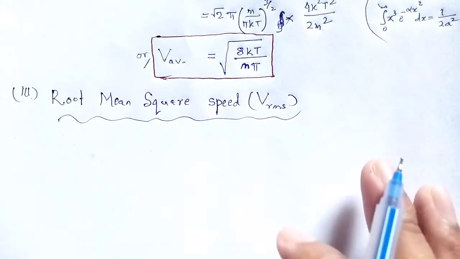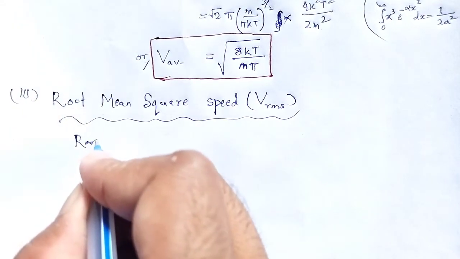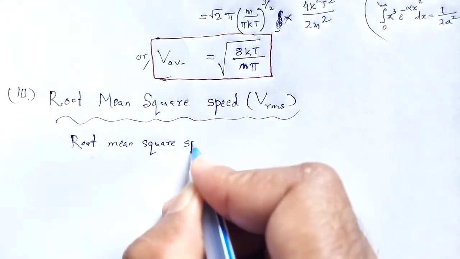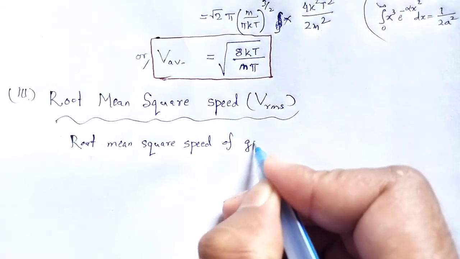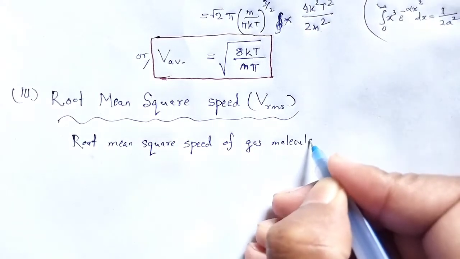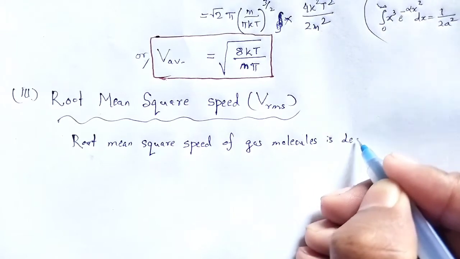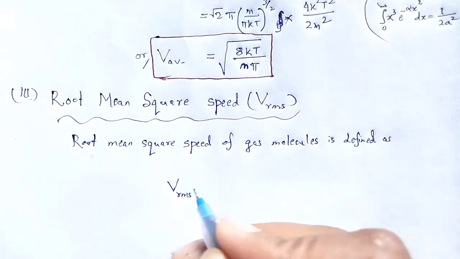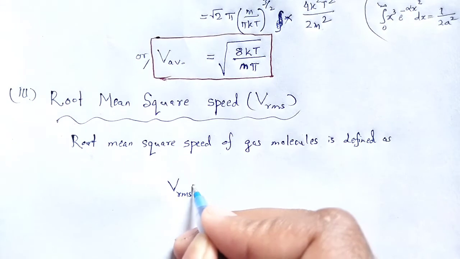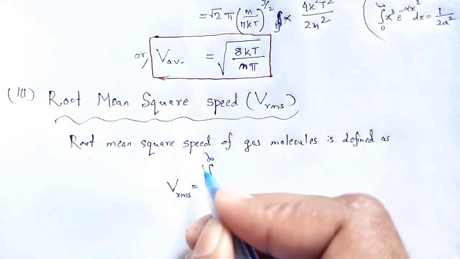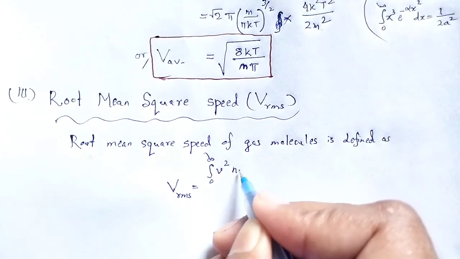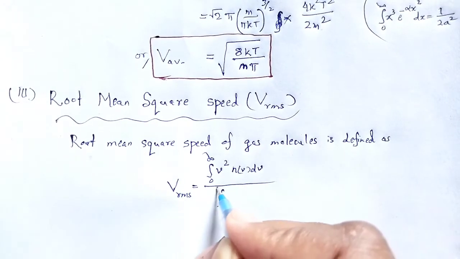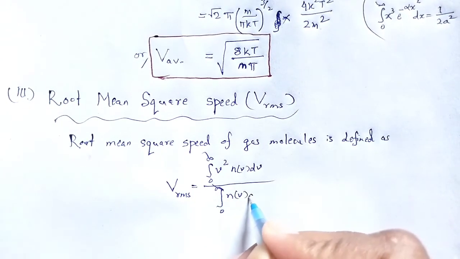Again we define the root mean square speed of gas molecules as v RMS is equal to integration from 0 to infinity v squared n_v dv divided by integration from 0 to infinity n_v dv.